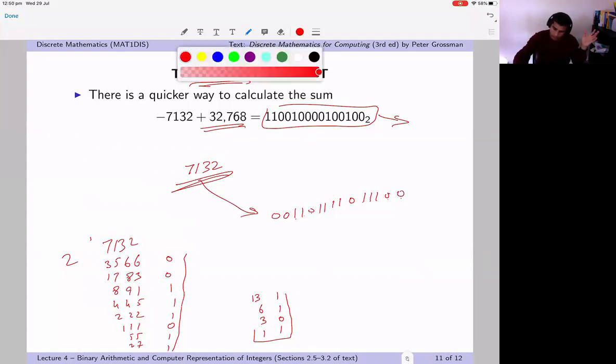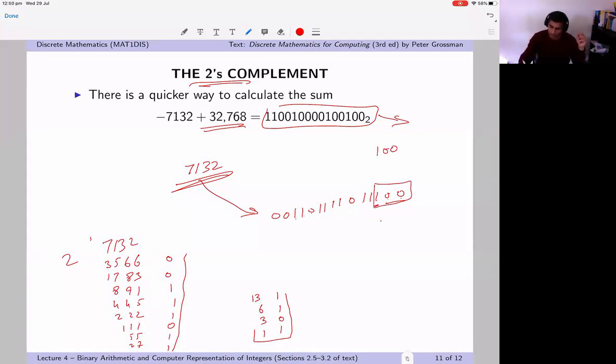Then keep all the trailing zeros and the first one that you have, and write that as it is.